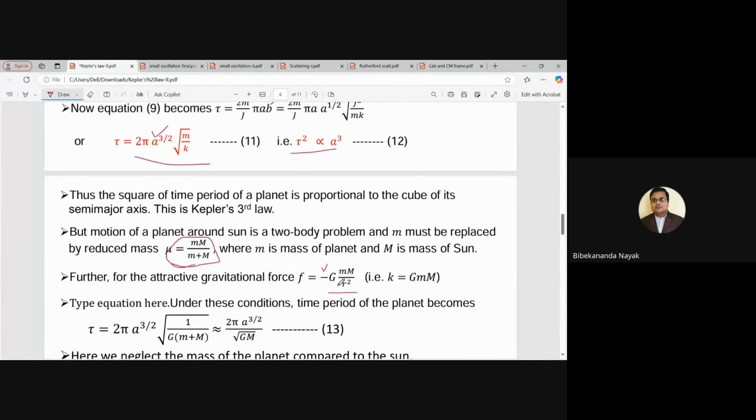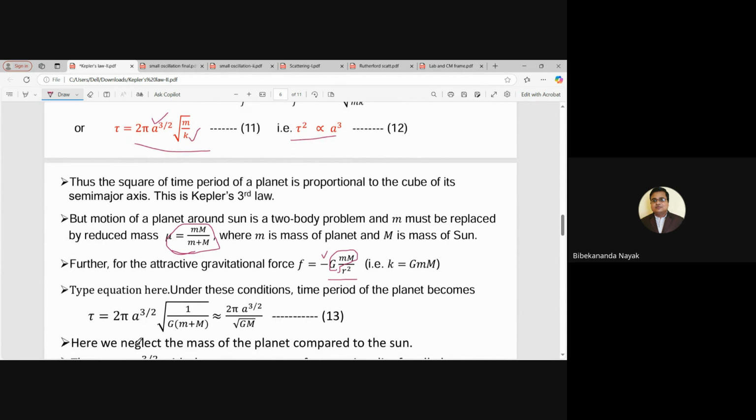So if you compare with force minus k by r squared, k will obviously be G times small m into capital M. We put that value of k here. So the equation of time period becomes 2 pi a to the 3 by 2 times root of m by k, where k means GMm.